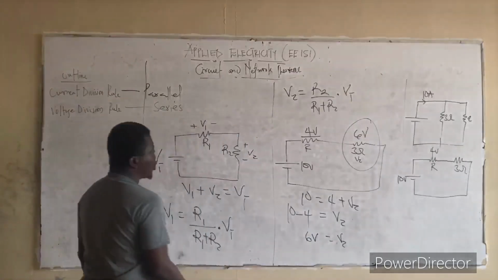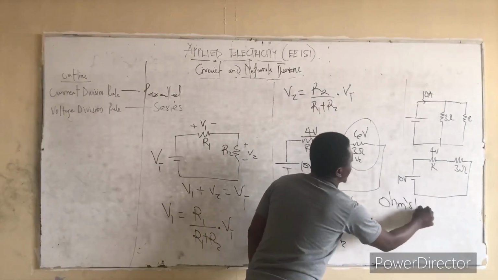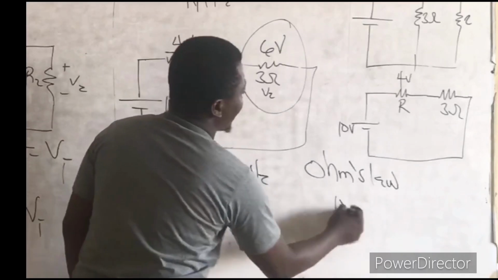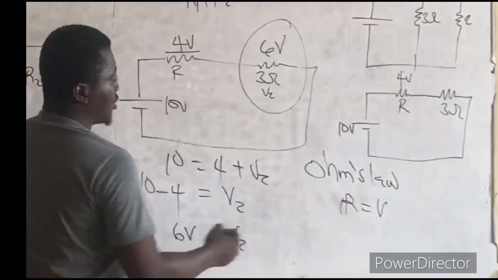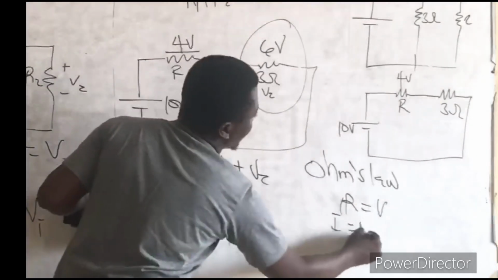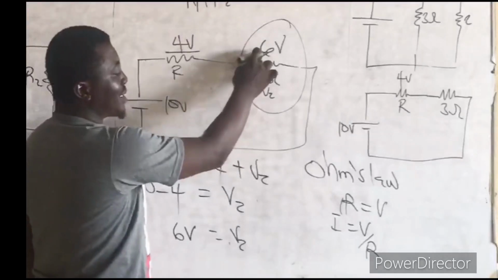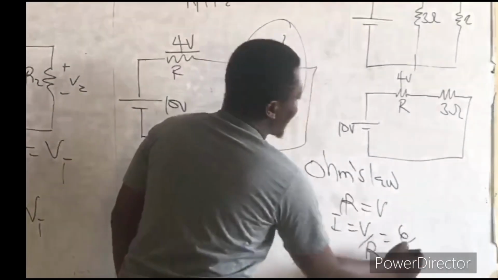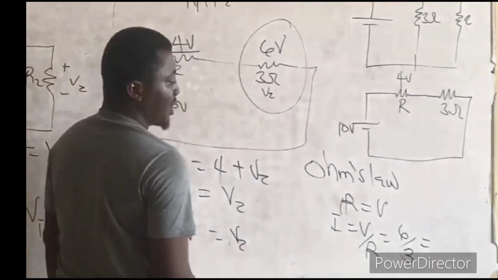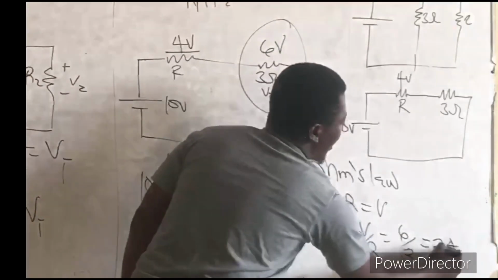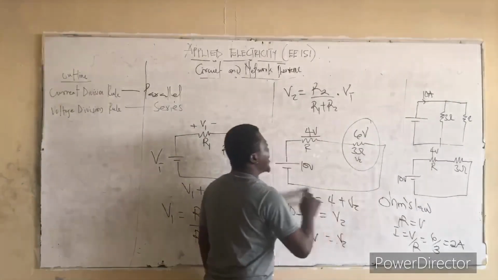From Ohm's law, IR is equal to V. So it means I will be equal to V over R. And in this case, our V is what? 6. And our R is what? 3. And what are we going to get? 2 amps. So it means the current flowing through this circuit is 2.